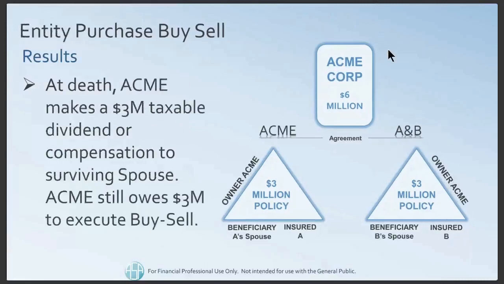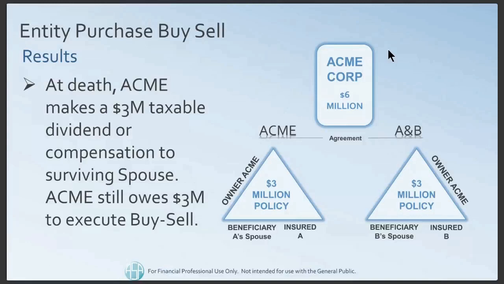Let's look at another example of an entity purchase. Well, as we all know, now the agreement is between the business, so Acme, and both A and B. And in an entity purchase, that means the entity is going to buy the insurance. So here's what happens. The entity buys a policy on A and a policy on B. And once again, a lot of times what we see is, to keep things simple, they would just name the spouses of each partner the beneficiary of the insurance on their life.